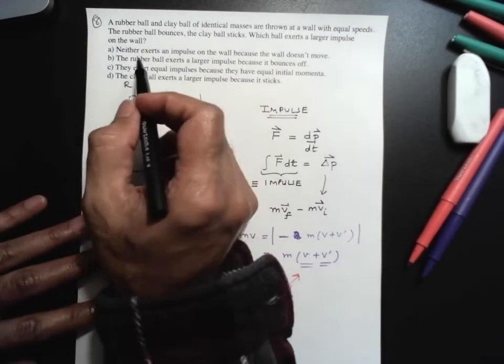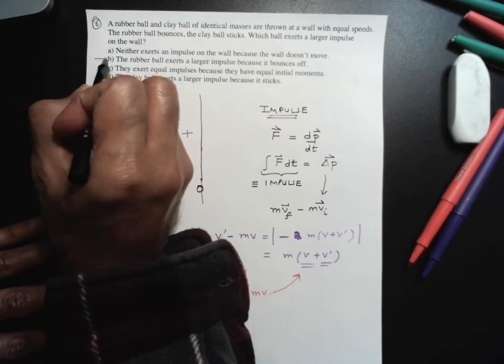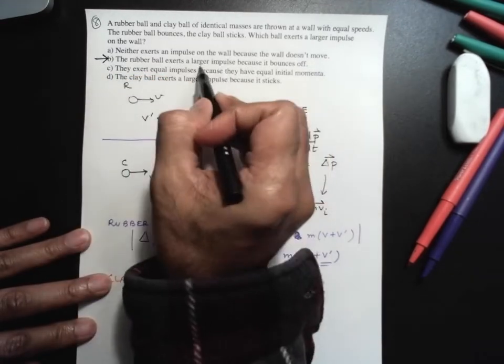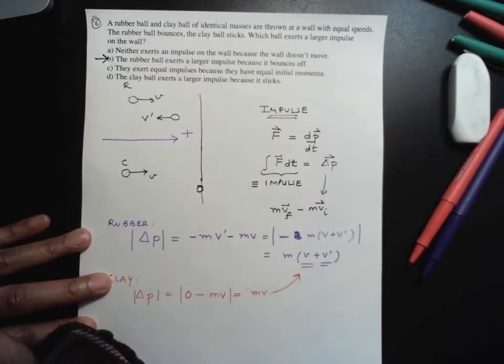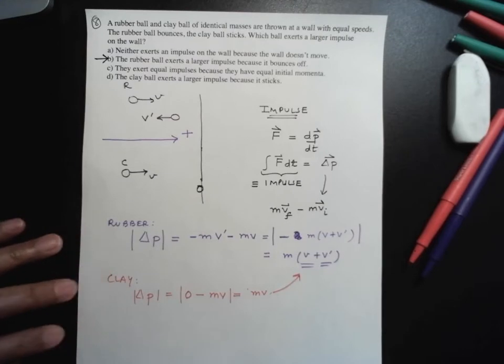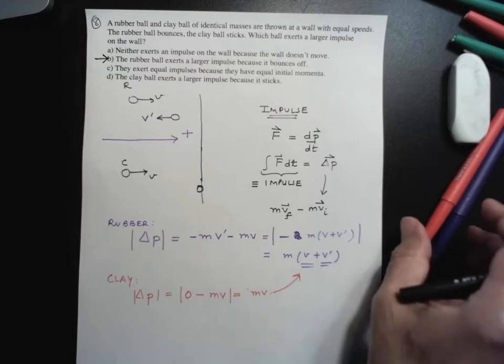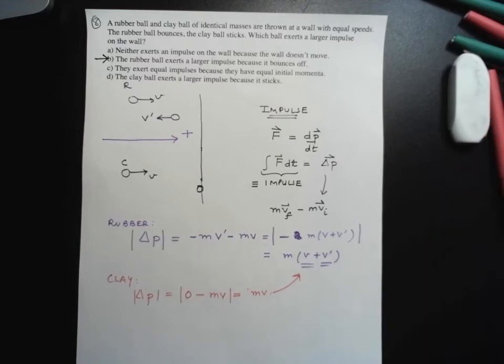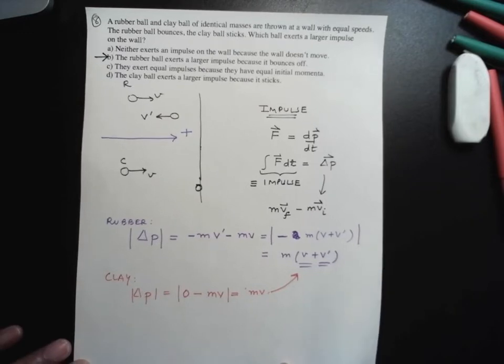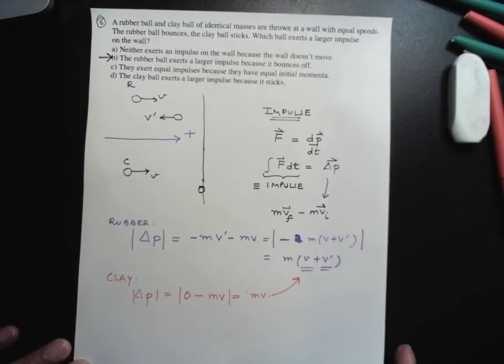So the rubber ball exerts a larger impulse because it bounces off. So that's the logic there. That cool? Everyone get that? Yeah, that makes sense.